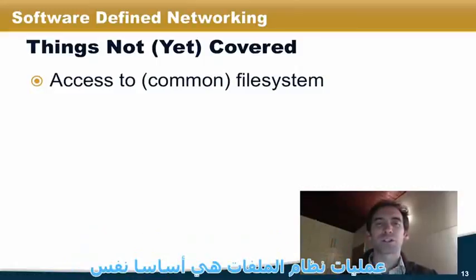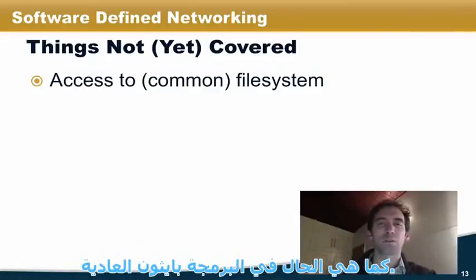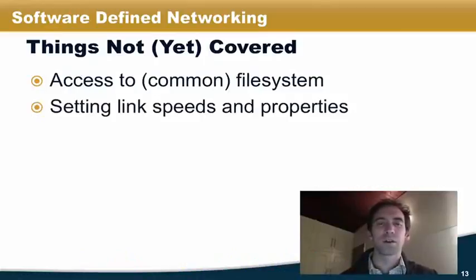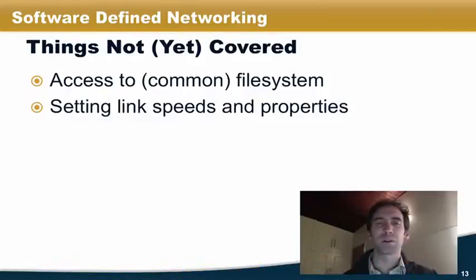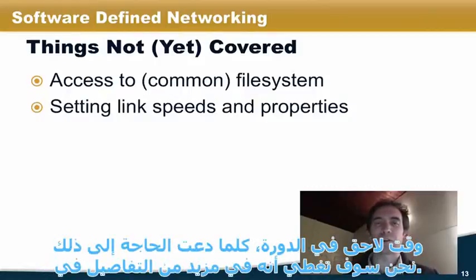File system operations are essentially the same as they are in regular Python programming. Something that we alluded to but did not cover was how to set link speeds and properties. We will cover that in more detail later in the course as the need arises.